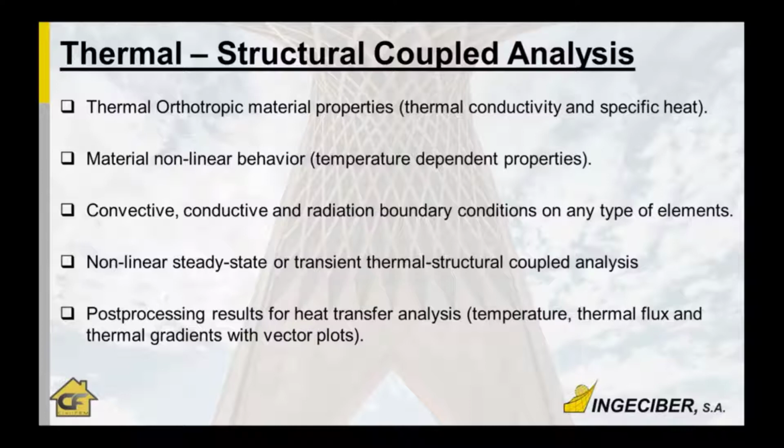The structural results are then considered in the thermal analysis, the deformed shape, for calculating the new thermal increment and so on. And apart from this strong coupled analysis, we have thermal orthotropic material properties, thermal conductivity and specific weight. Also material nonlinear behavior, temperature dependent properties.